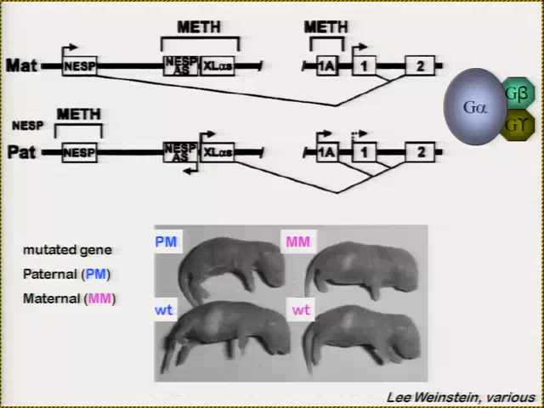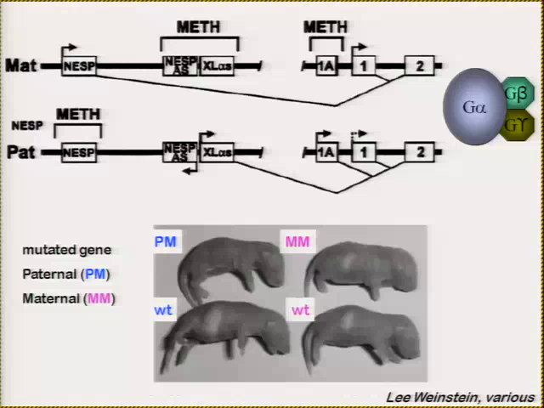It doesn't make any difference if the tissue happens to be driving off both the maternal and paternal allele. But you can see that in this mouse who got the mutated gene, and the mutated gene for this mutation does not make a viable protein, so the GNAS gene is not made if you have the mutation.